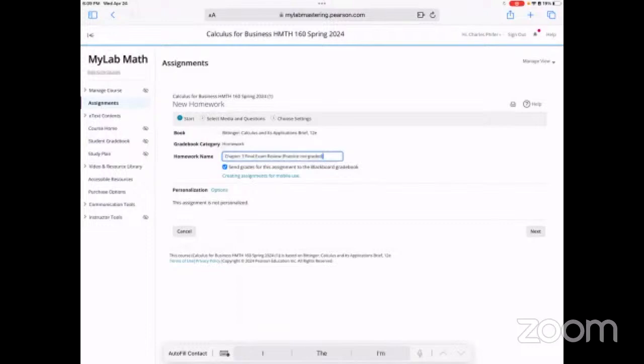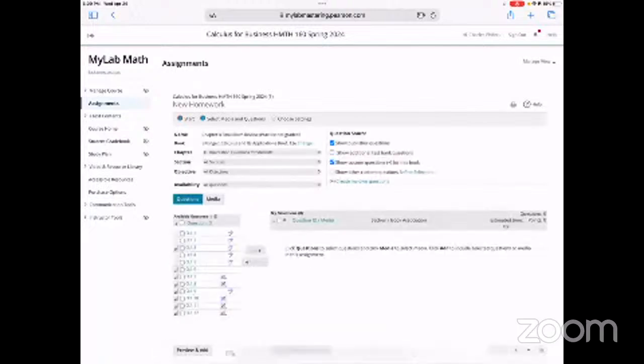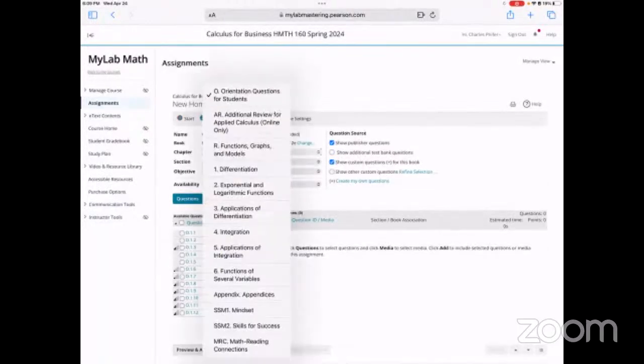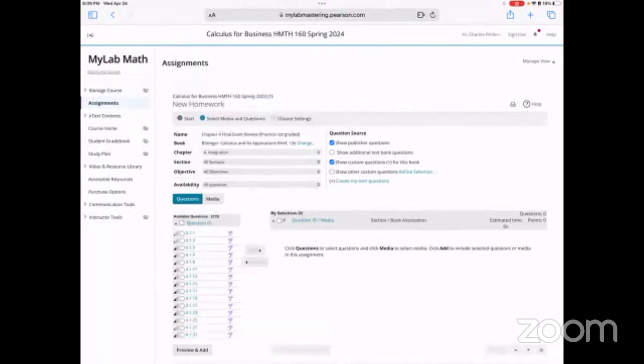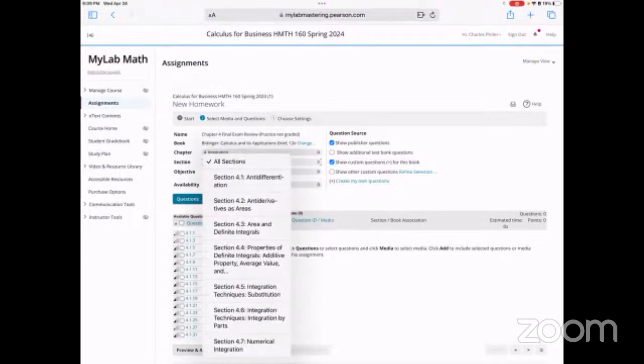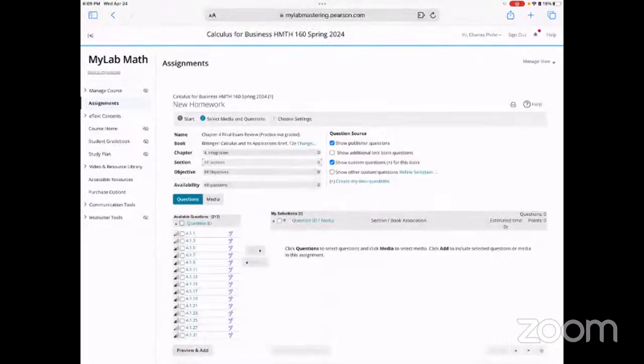This is chapter 4. Select the media. If I go to chapter 4, how many sections? Numerical integration. So we didn't do section 4.7. That's fine. 213. So I need to knock off about 63 of them.